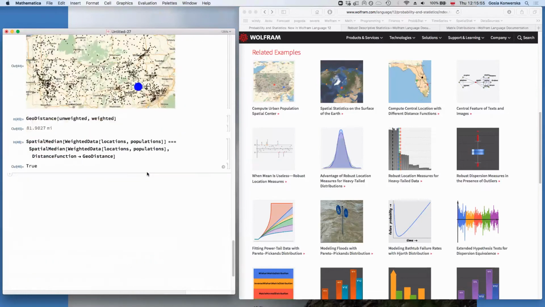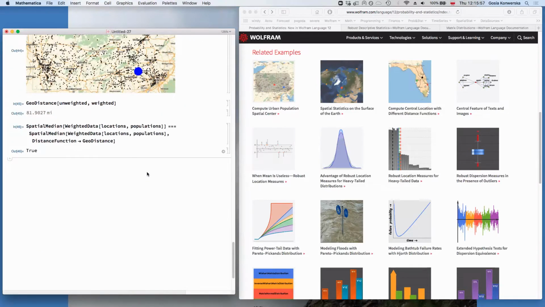Okay, and why do I not work with the coordinates? Because if we just work with the latitude and longitudes and Euclidean distance, that's not the right way to go, because as we know, Earth is not flat.